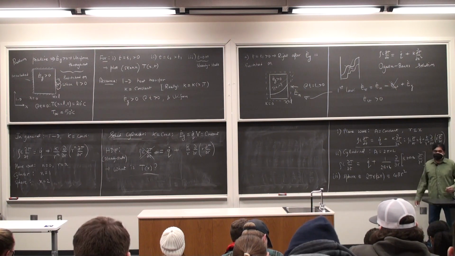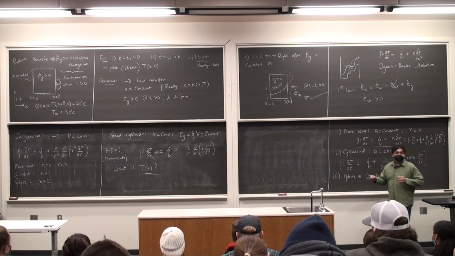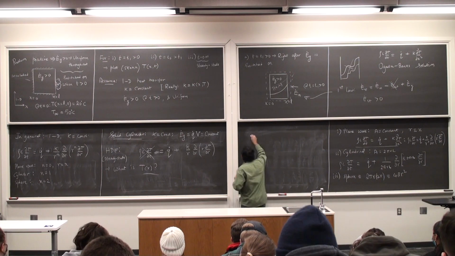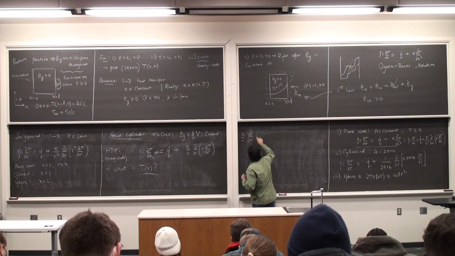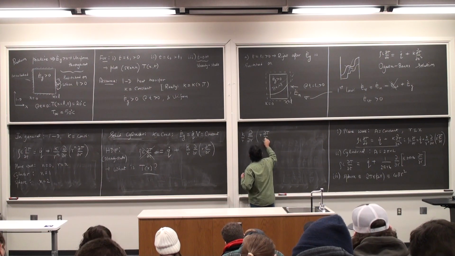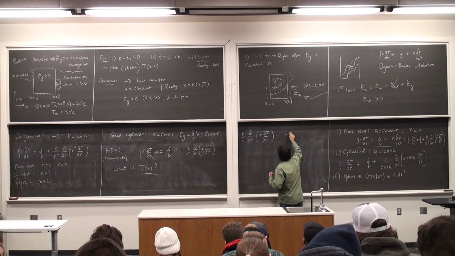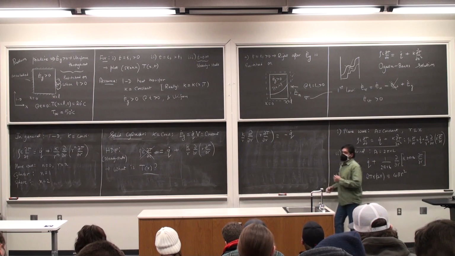q dot is a constant. So take the terms and rearrange them on the other side. k is a constant. So I have k by r d by dr of r dT by dr is minus q dot.